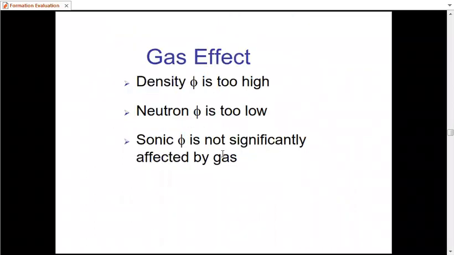The most common effect of hydrocarbon is the gas effect. In the density log, the gas effect on the density response is too high in a gas zone, and the neutron response is too low. But the sonic log response is not significantly affected by gas.